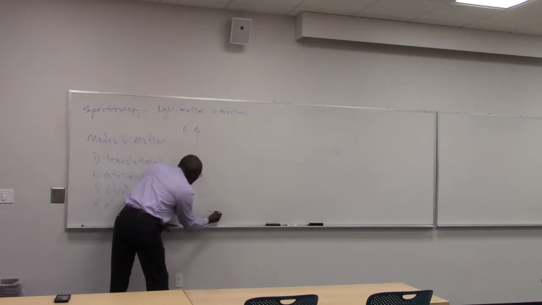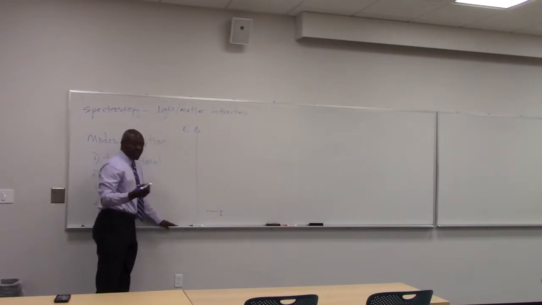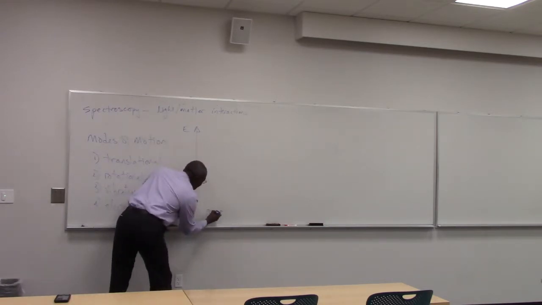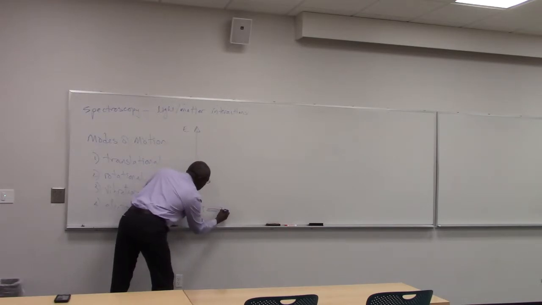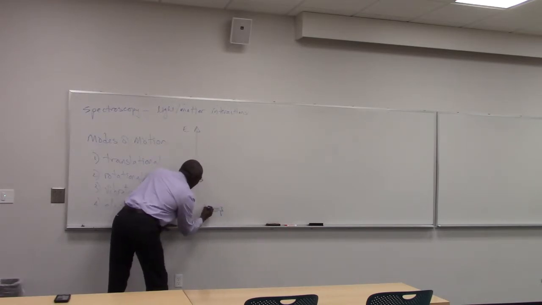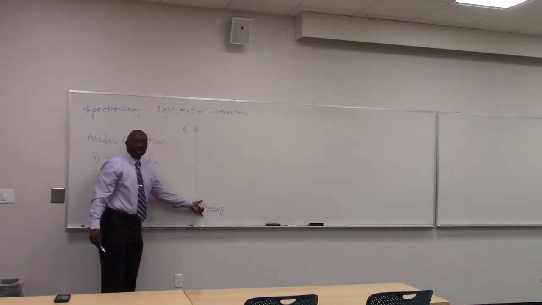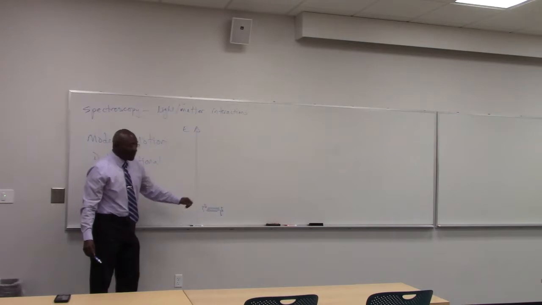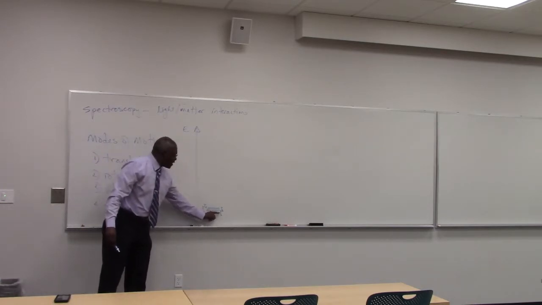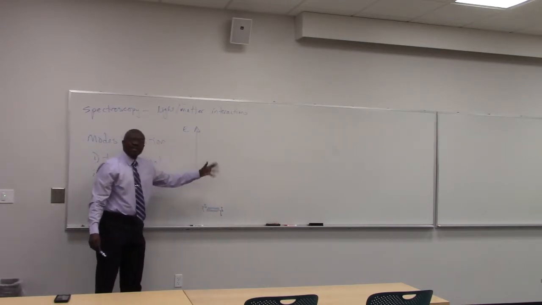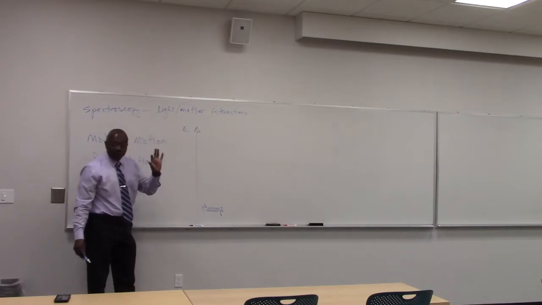So this might be, let's call it T0, which is the ground state for my translational mode. This would be T1. This might be T2. This would be T3, and so on. So what you find, first of all, is the cluster of energies is very low, and the energy gaps between T0 and T1, T1 and T2, and so on, are also very small.